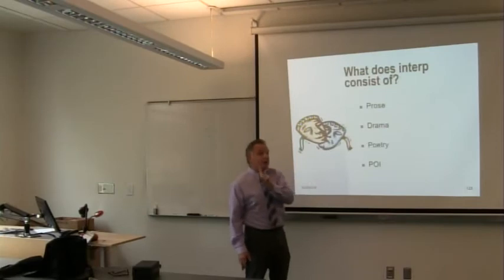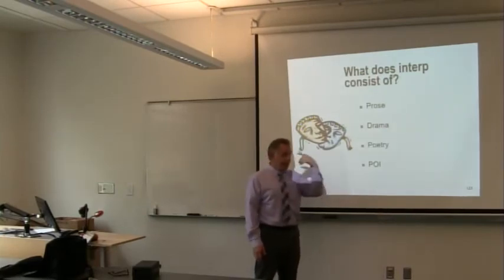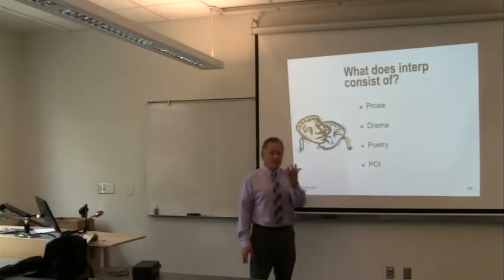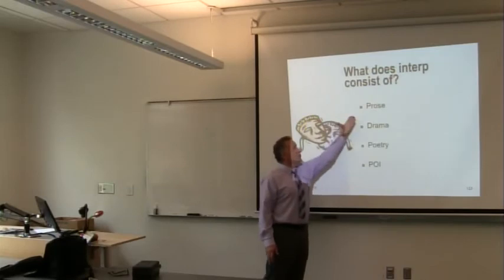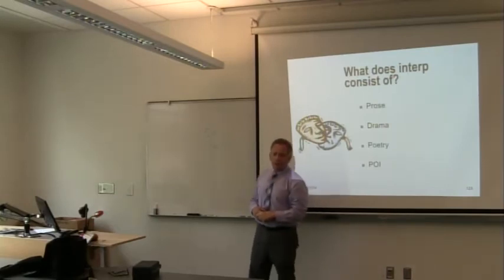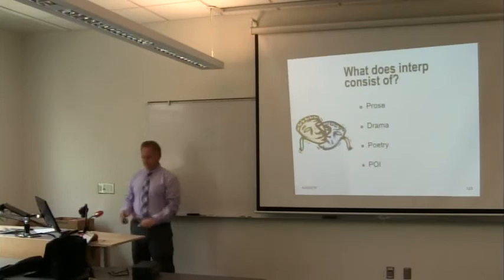For example, I had a student who took a short poem as their teaser, and then they did the introduction to a short story that they gave. So they took two different pieces and combined them into one. We call that a program oral interp, or better known as POI.